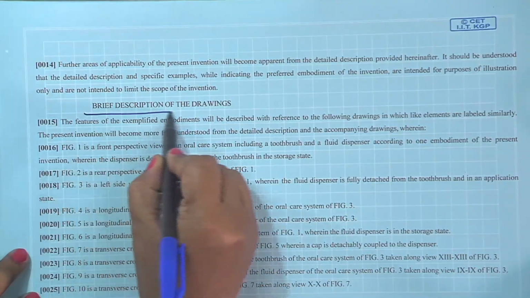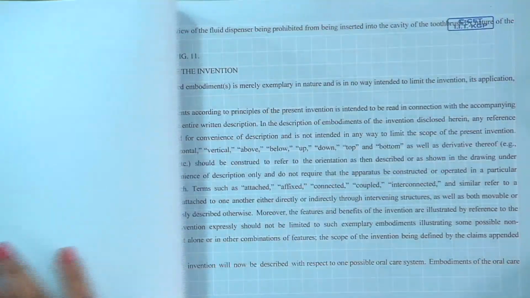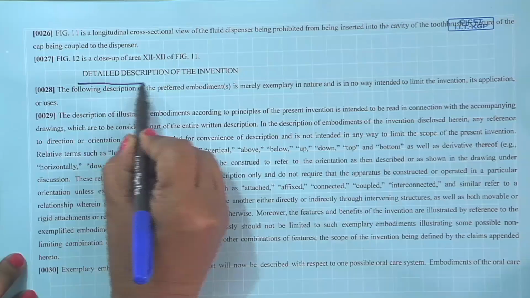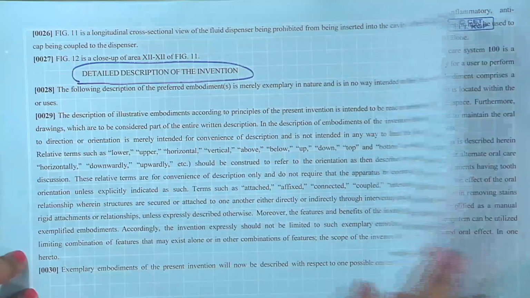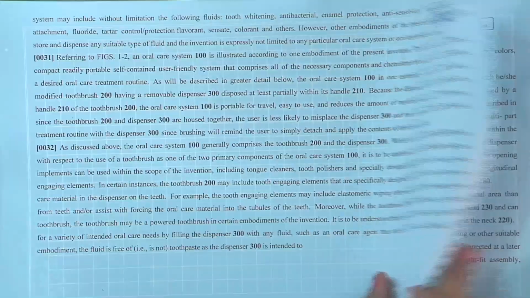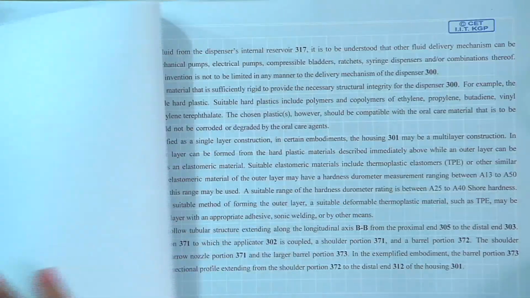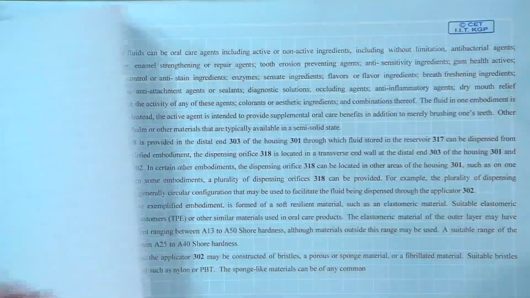Here is a brief description of the drawings. Then you can easily see the detailed description of the invention. Now this detailed description of the invention will run many pages till all the explanation for that invention is over.